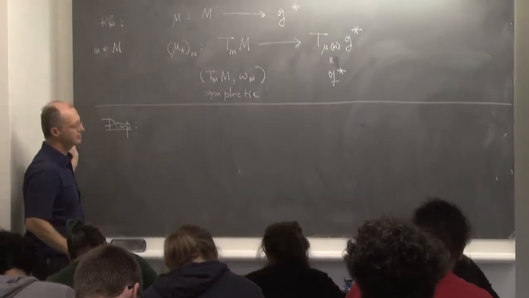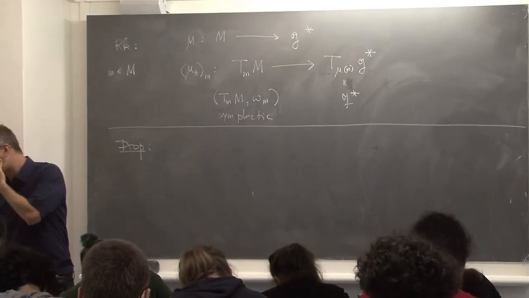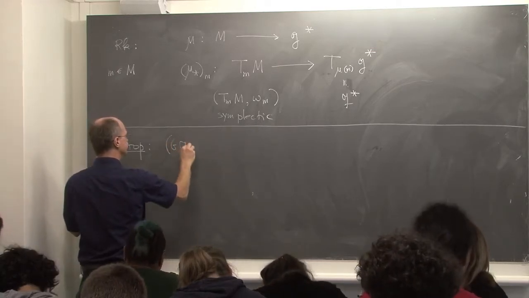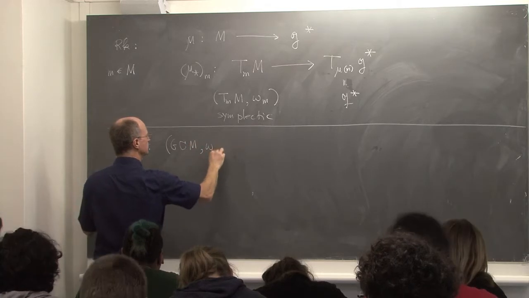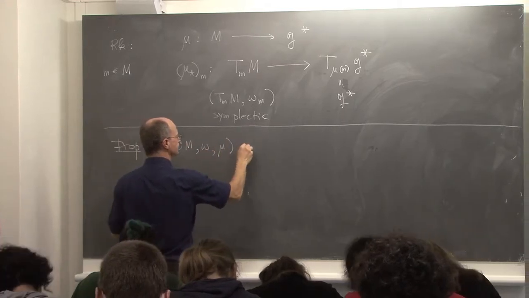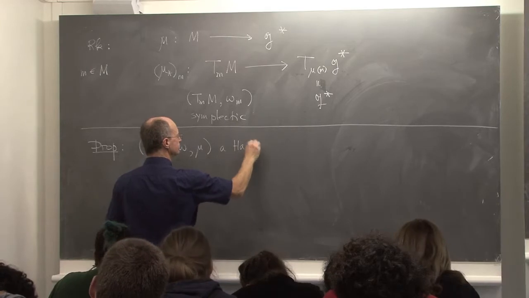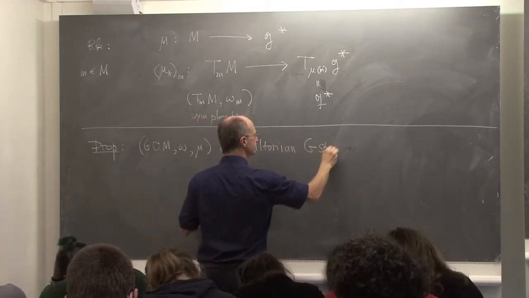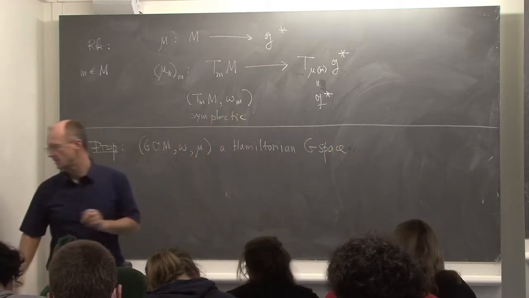Now a proposition. So let's say (G, M, omega, mu) is a Hamiltonian G-space.